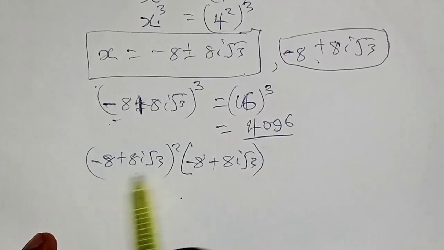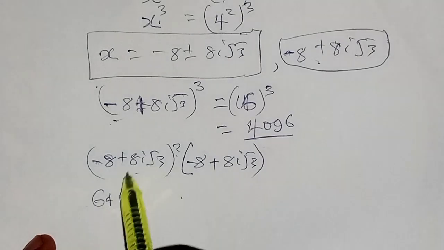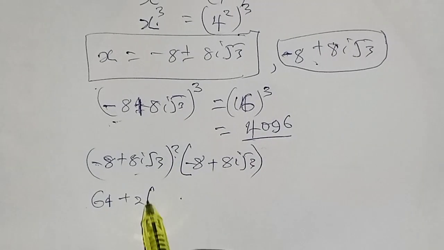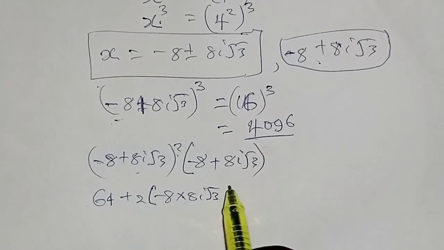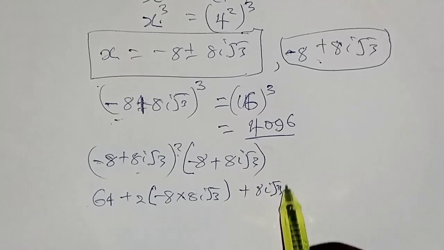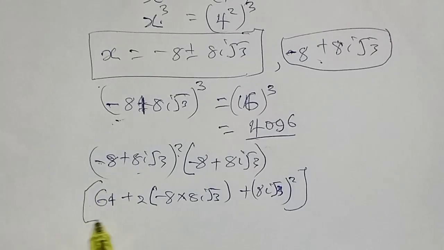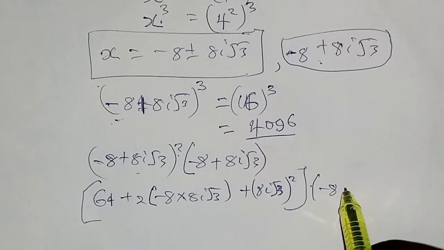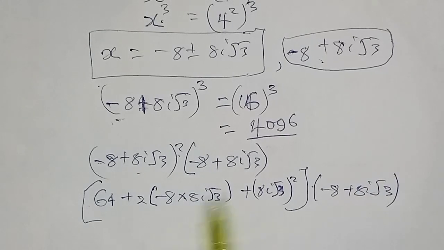Okay, so if you evaluate this one, you're going to be having that this is 64, plus 2 into -8 and then times 8i√3, and then plus (8i√3) squared, and then all is also going to be multiplied by (-8 + 8i√3).